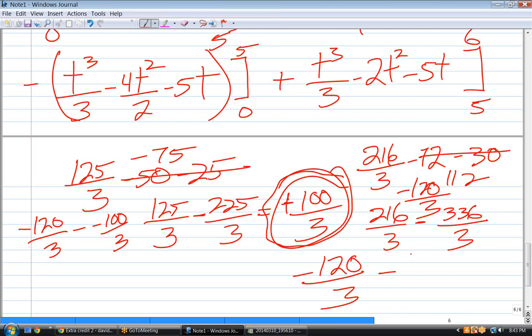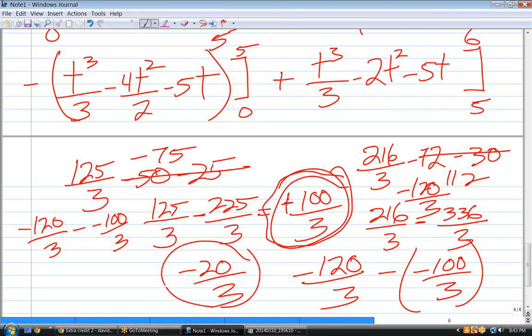And when I evaluated it at 5, I had minus 100 thirds. And still wouldn't that be... So when I add those two together, I get minus 20 thirds. Wow, which is negative. How can that be?